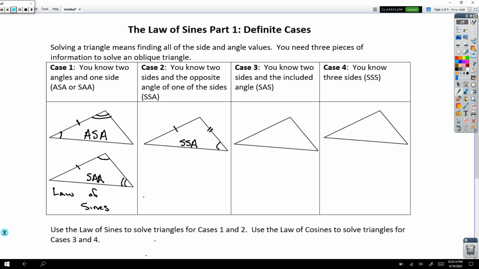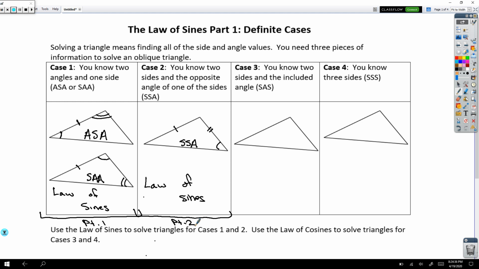But case 2, we are still going to be dealing with the law of sines. So this is what we're going to do today. So this is part 1. Case 2 will be law of sines part 2, which is what you'll do in the next lesson.